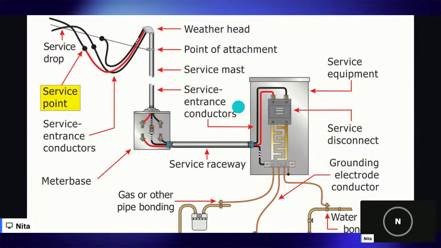This is what you know as your electrical panel. The service equipment includes your main breaker, your circuit breakers, and any switches that serve as disconnects. We consider all of that to be service equipment.